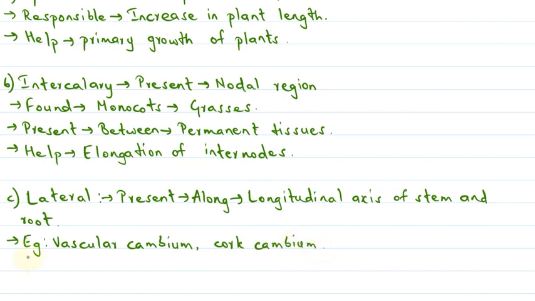Their function is that lateral meristems help in thickening of stem and thickening of root. So these are the three different types of meristematic tissues based on the position of the meristem.